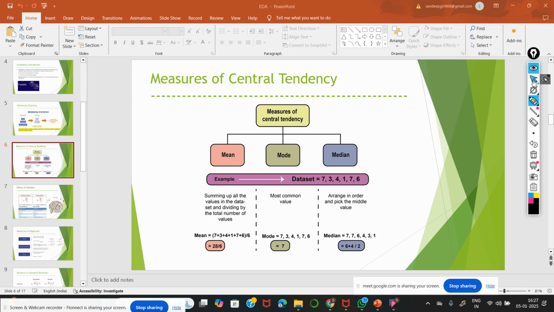Okay, now let me show you this particular slide. Now see, we also discuss something called inferential statistics. What do you mean by inferential statistics?